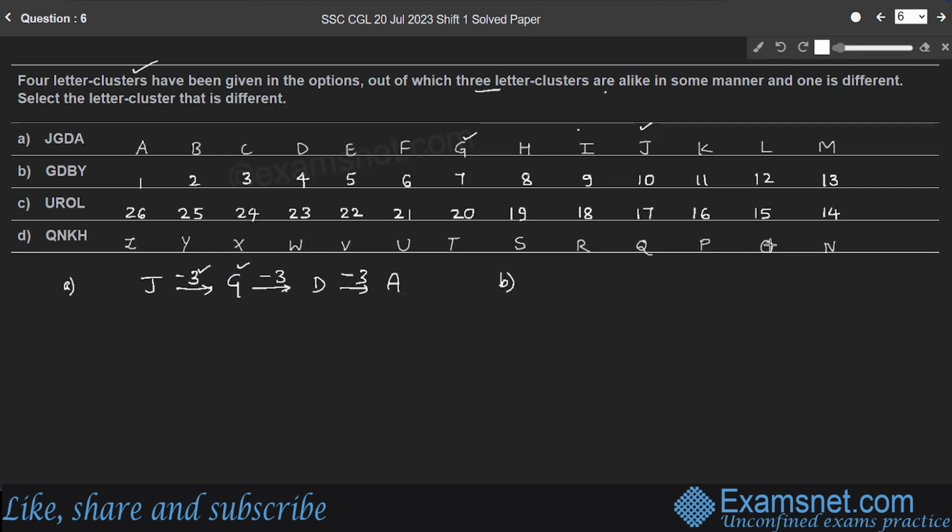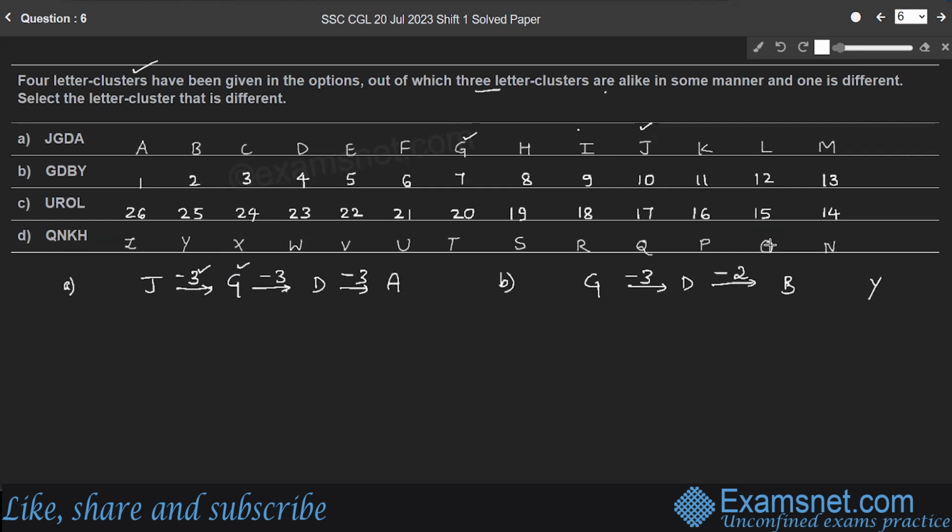In the second cluster, GDBY, G is 7, D is 4. G minus 3 is D, whereas D minus 2 is B, not 3.